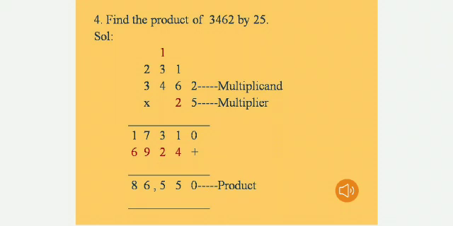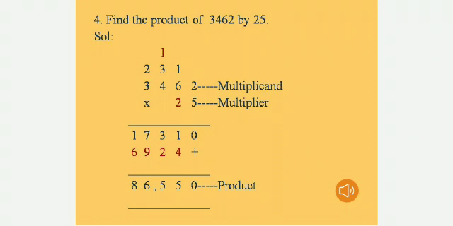Next, the tens place is 2. I have taken it from the red number. As you can see the answer here, 2 2s are 4, and we have to leave one place because 2 is at the tens place, so I am keeping a placeholder in the unit place. 2 6s are 12, 2 here and 1 carry to the next number. 2 4s are 8 and the red carry 1 makes 9. 2 3s are 6.